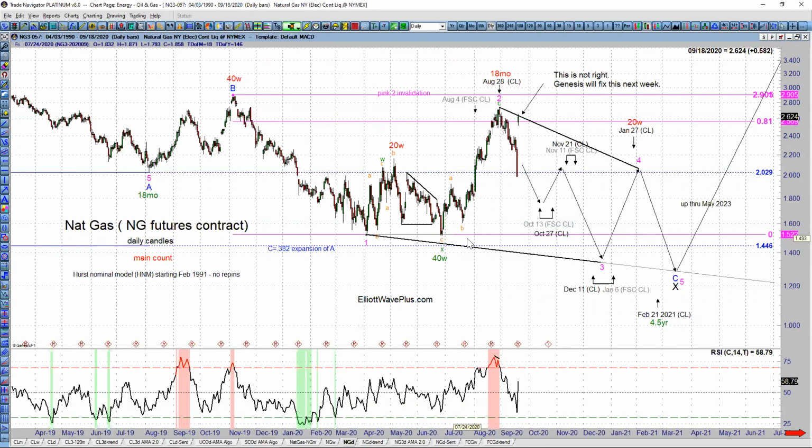Genesis, where I get my data feed, we're just 1 day into the new contract, and this is an 057 contract, which means that they are going to back adjust. Anyway, I looked on my Thinkorswim platform, and there's no such thing as this candle jumping way up here like this. So this is not right, and that should get fixed.